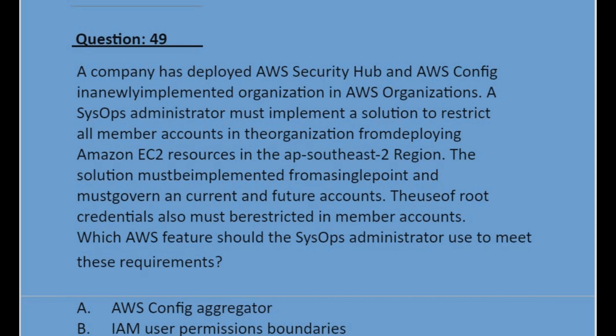The solution must be implemented from a single point and must govern all current and future accounts. The use of root credentials also must be restricted in member accounts. Which AWS features should the SysOps administrator use to meet these requirements?